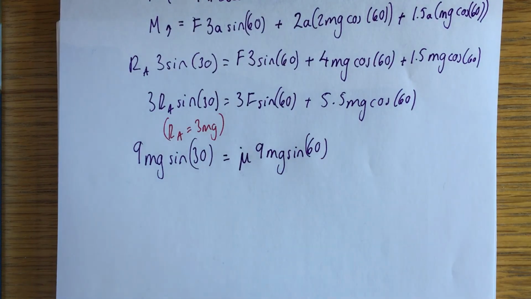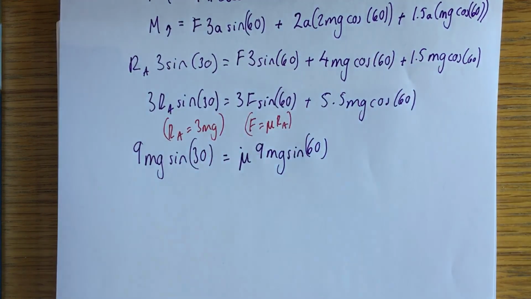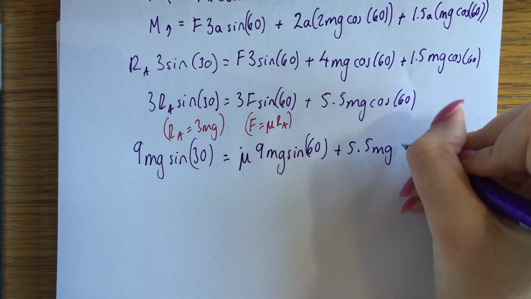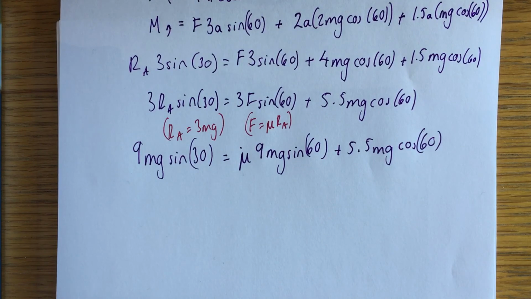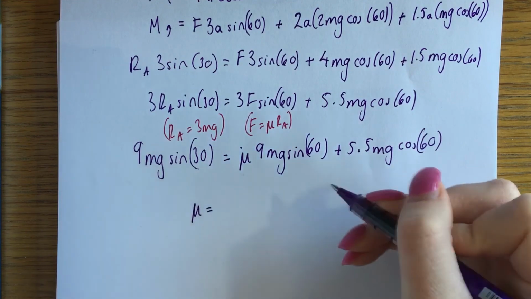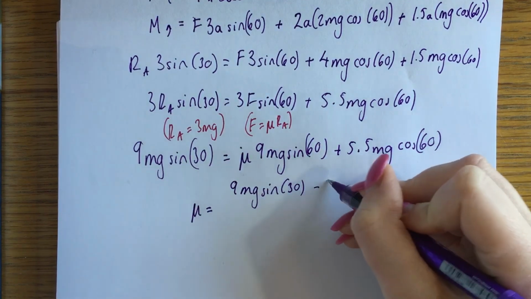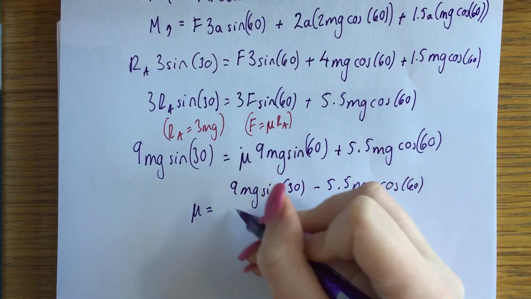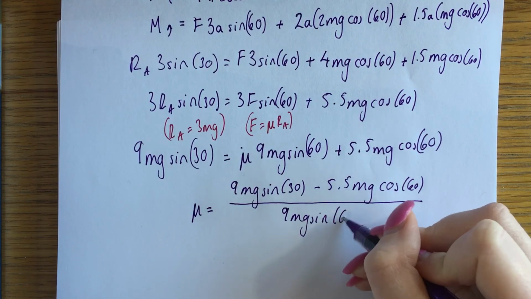So I'm just reminding you that friction is equal to mu times RA, and I've substituted that in, plus 5.5mg cos 60. So obviously I want to get mu on its own, so mu is going to be equal to 9mg sine 30, subtract 5.5mg cos 60 all over 9mg sine 60.